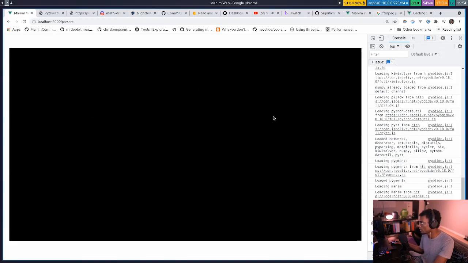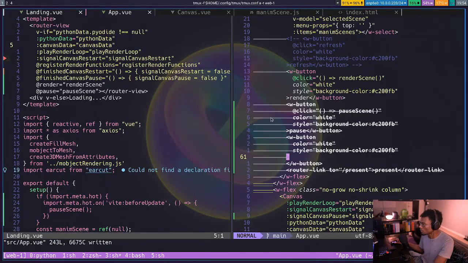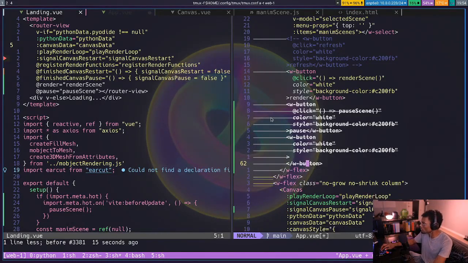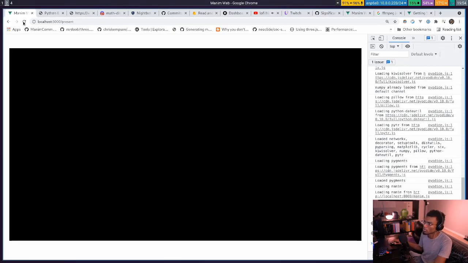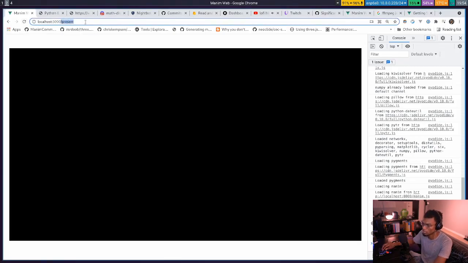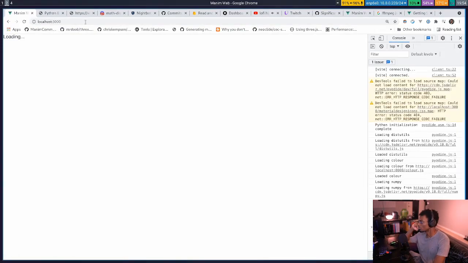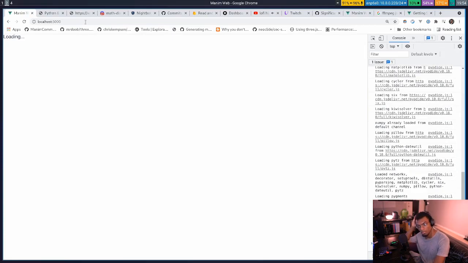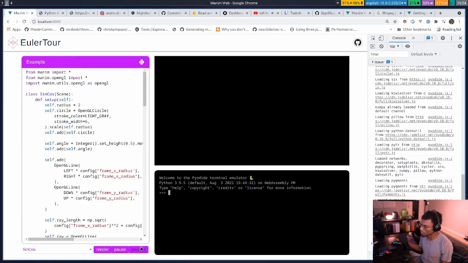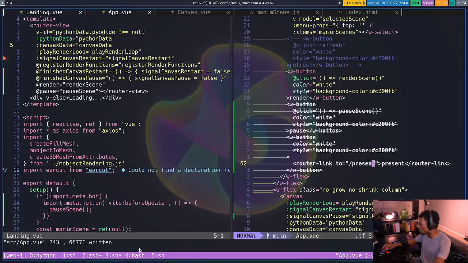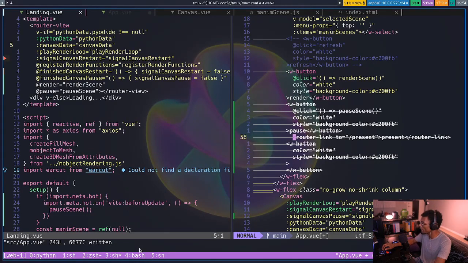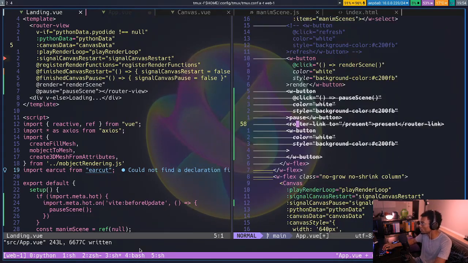But this wasn't automatically rendered. I guess putting this inside a button just... Oh, maybe we should put the router link on the outside. Whoops.